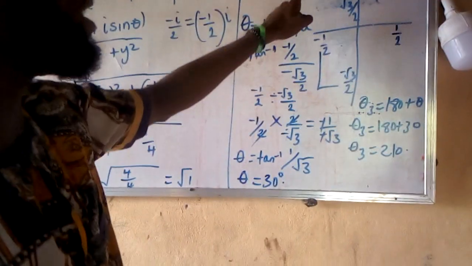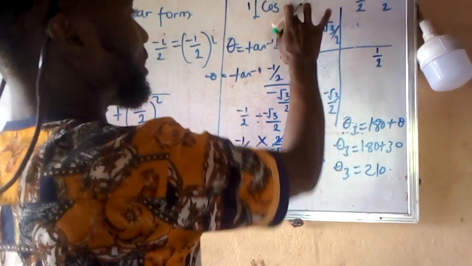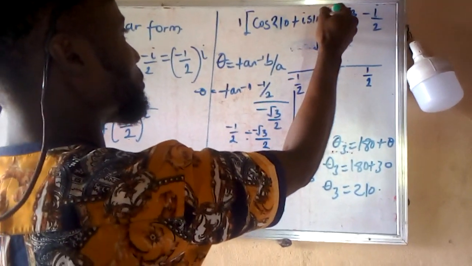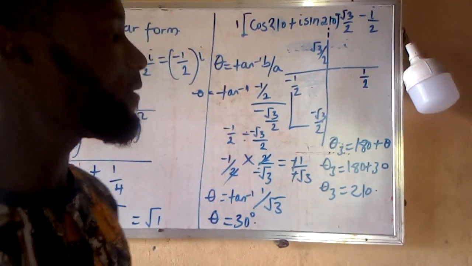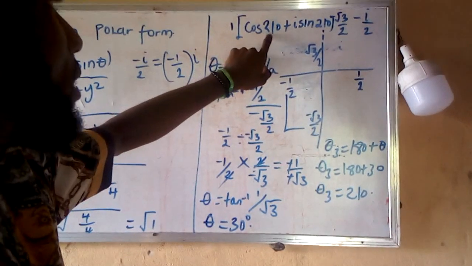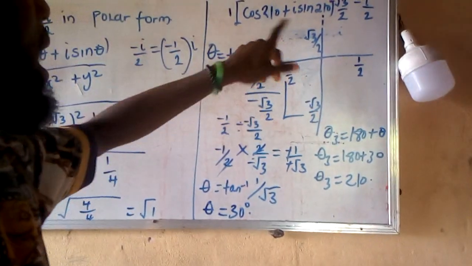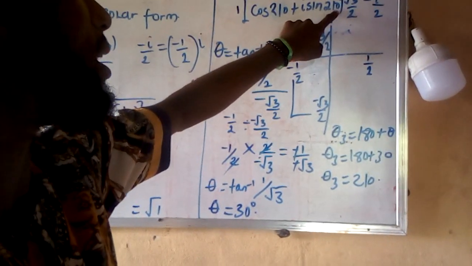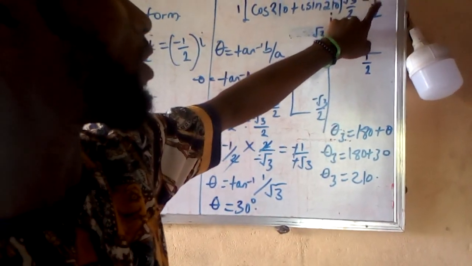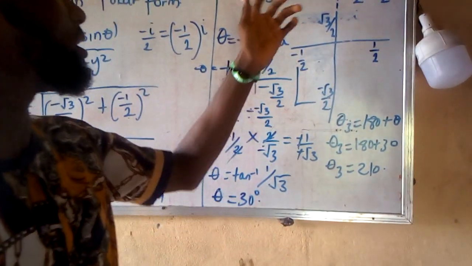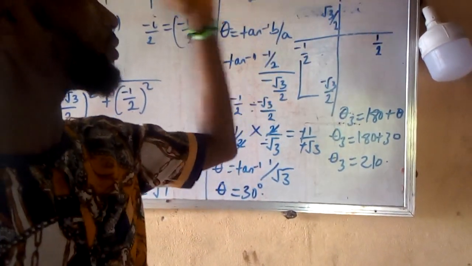So now here becomes cos 210 plus i sin 210. Cos 210 will give us a negative square root of 3 all over 2, and sin 210 will give us a negative 1 all over 2. So now we have been able to know that this is equal to this and this is also equal to this.